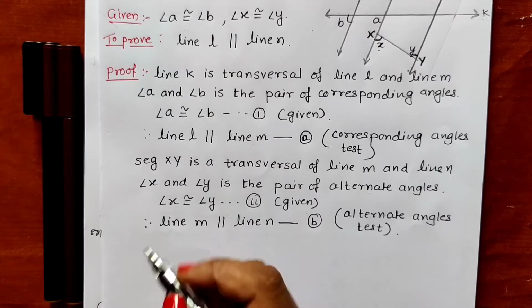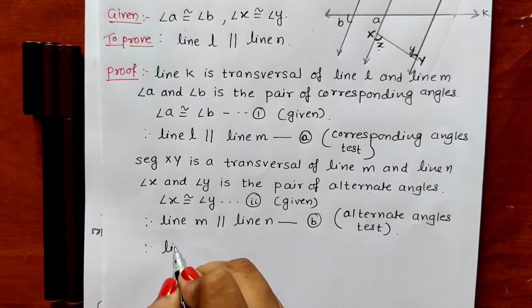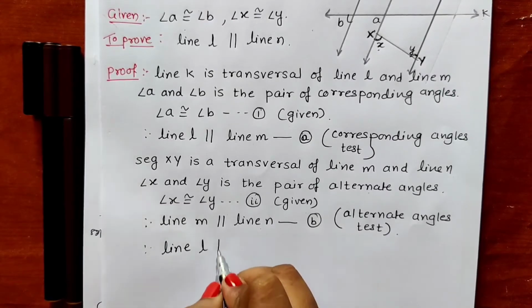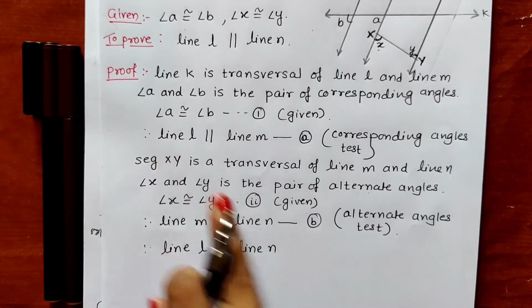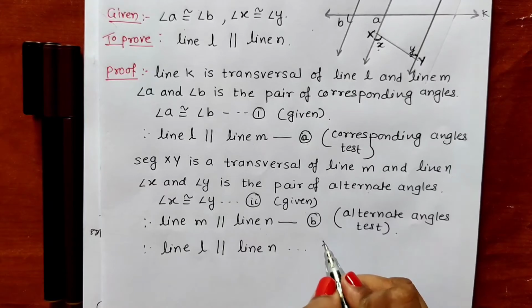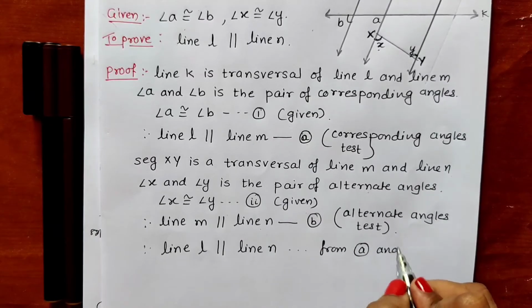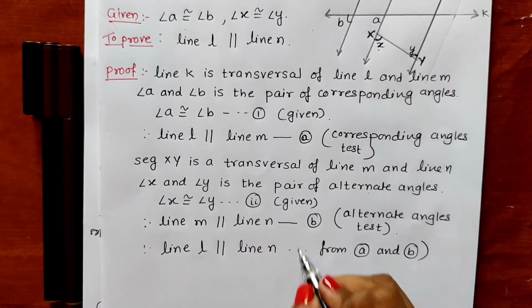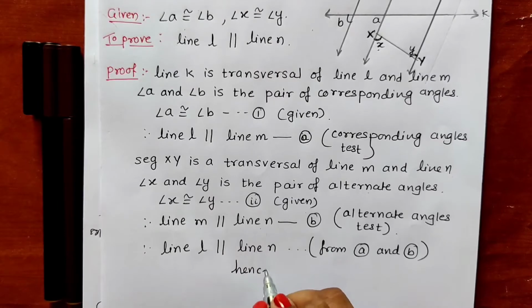Therefore, we can write line L is parallel to line N. From this we have written from a and b, these two statements. Hence we got the proof. Therefore, hence proved.